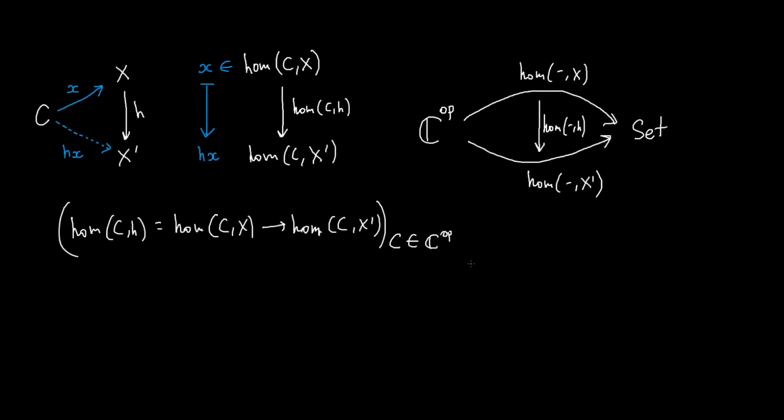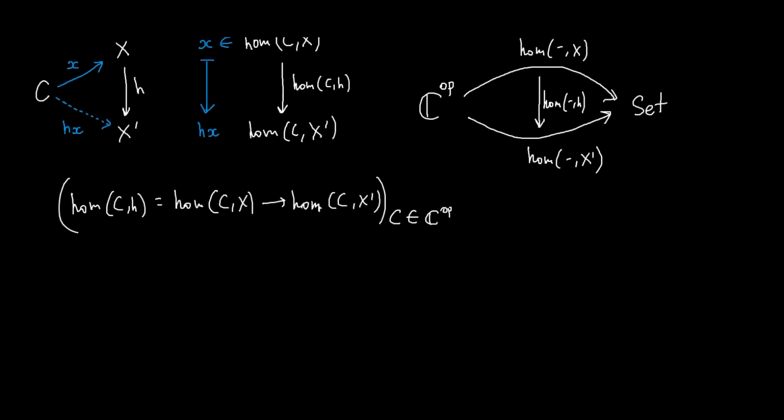There is a certain square that must commute for every change of C, right? So what is the condition for naturality of a family of maps between values of two functors? Every time I have two objects, C and C prime, and a morphism between them, I actually want to draw this now in a horizontal way.